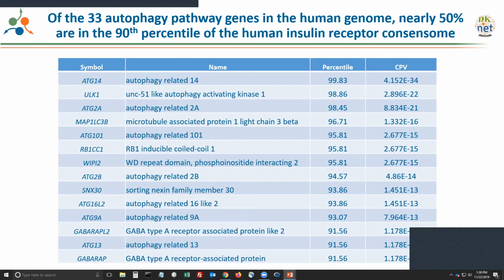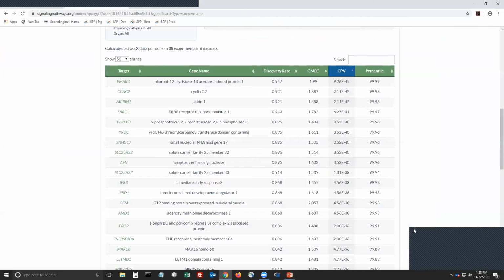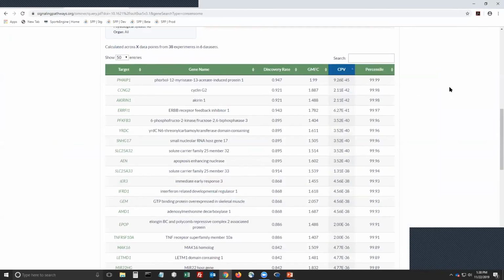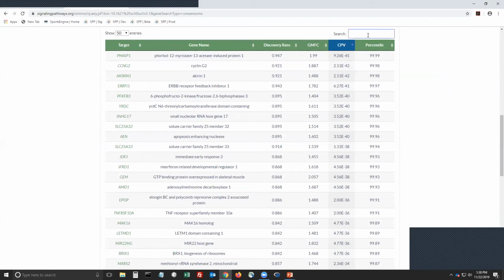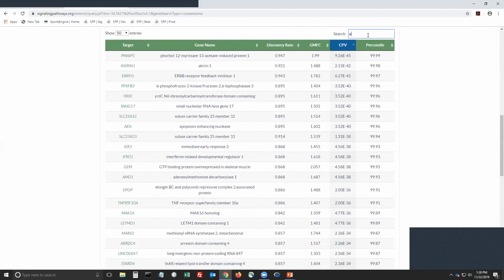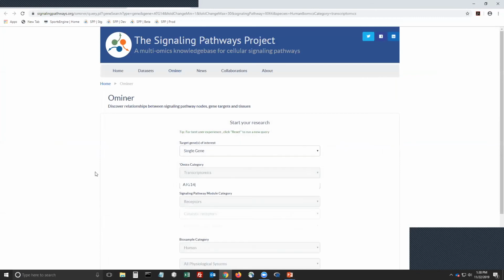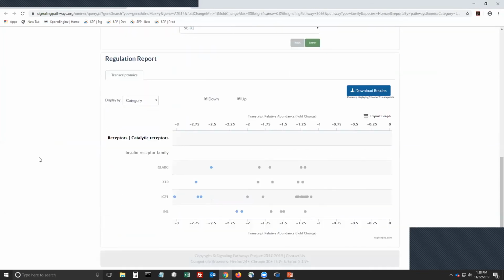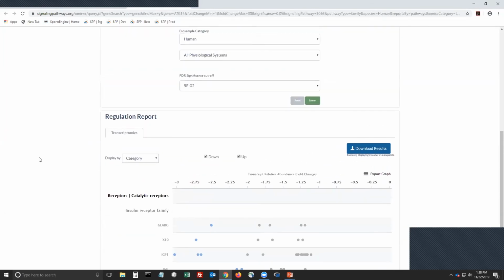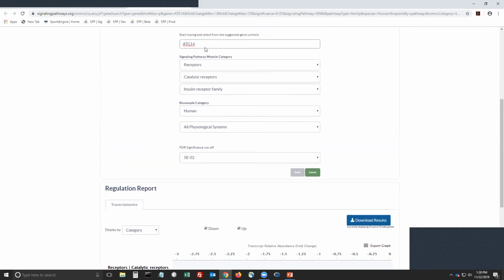All right. So now, if you're looking at the regulation report, first let's filter on ATG14, one of those autophagy genes that was highly implicated in insulin receptor signaling. Now, if we click on that gene, it takes us to a single gene transcriptomic report for the most highly ranked factors.